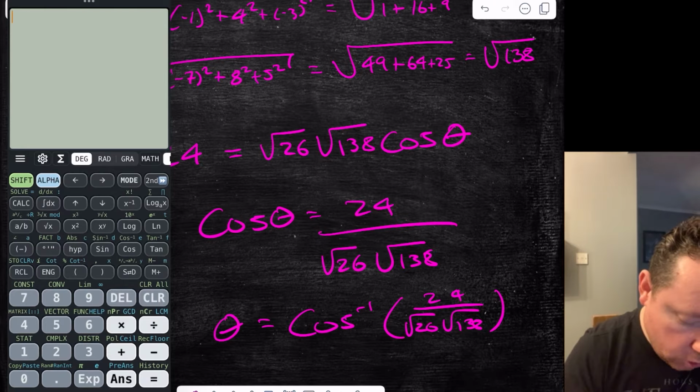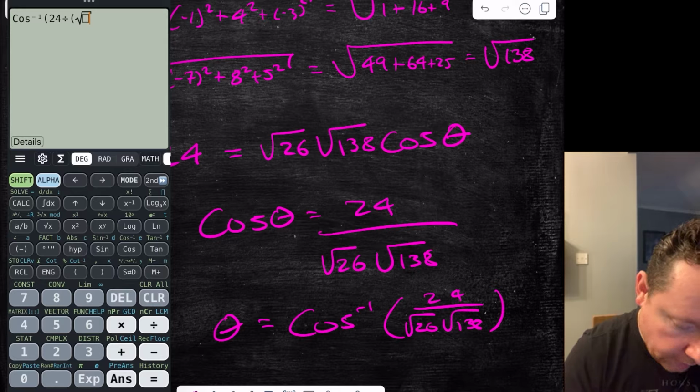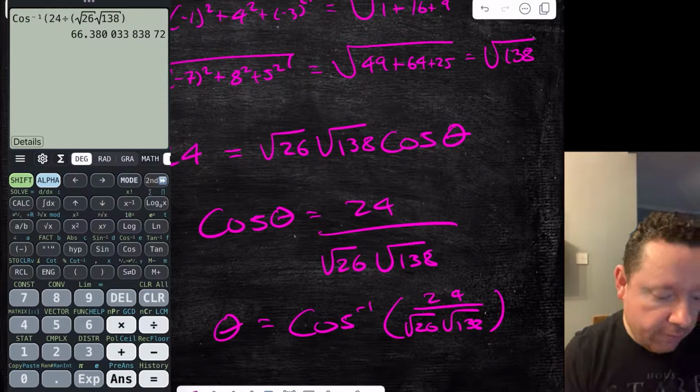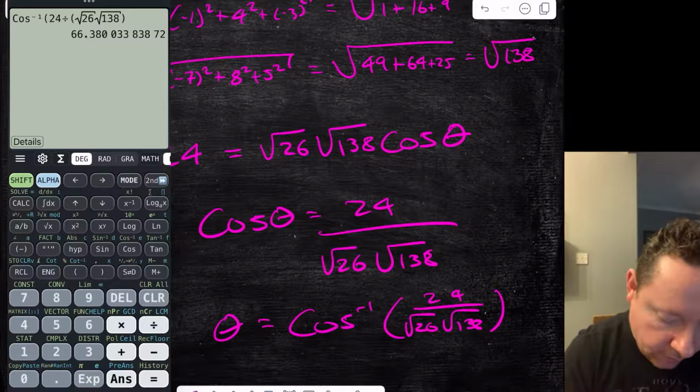So the inverse cos, 24 over root 26 times root 138. That gives me an answer of 66.38. So theta equals 66.4 degrees.